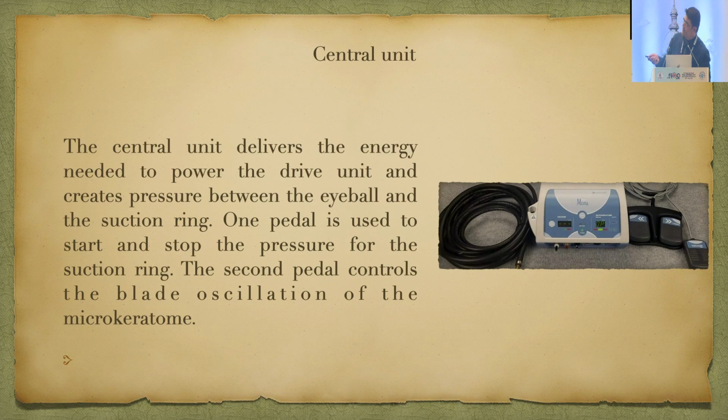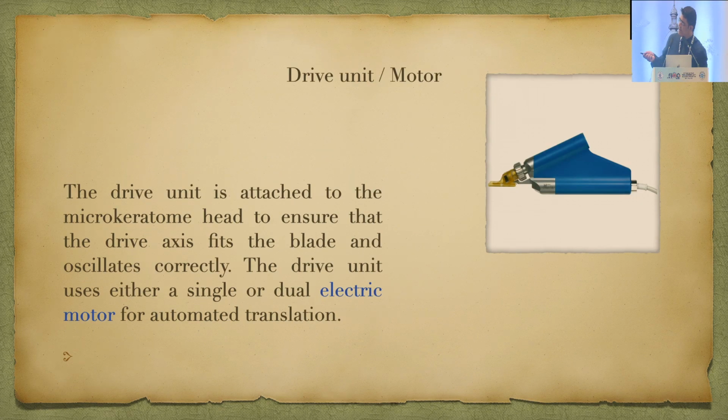This central unit delivers the energy needed to drive the motor of the microkeratome, and the suction tubing is connected here so that when we need to fixate the globe, it creates suction. And this is the drive unit, this is the Moria microkeratome.